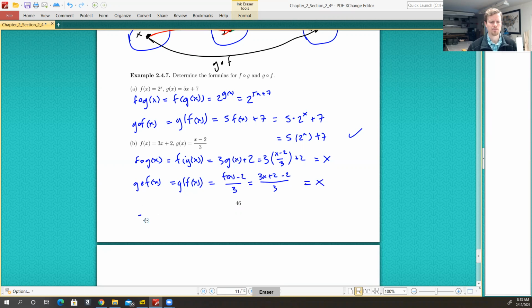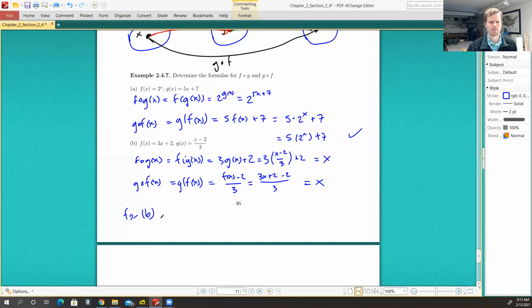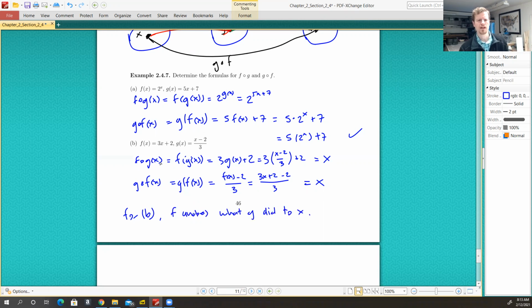In our second example, for B here, f undoes what g did to x. But it's also the same way the other way around, right? So when I plug x in, I'm going to plug it into G, and it's going to subtract 2 and divide by 3.